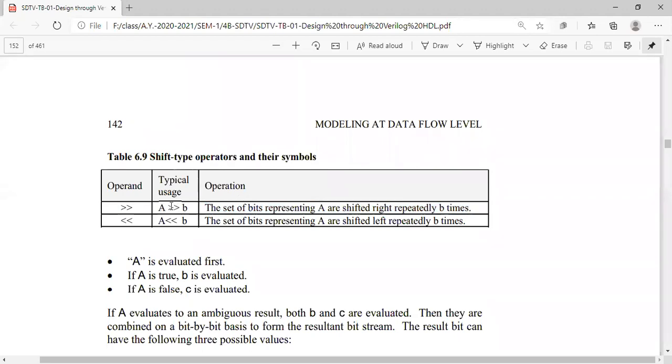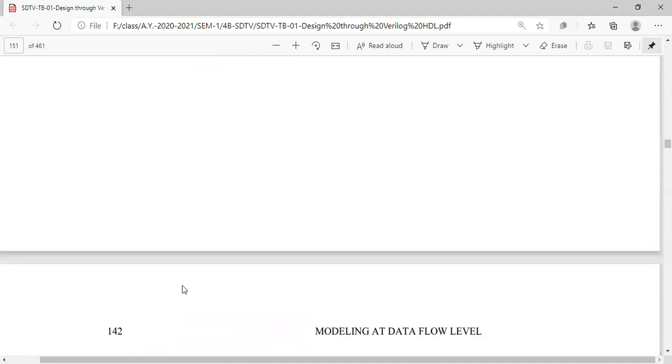So this indicates the right shift, right? How many times? B number of times. A followed by this B means a set of bits representing A are shifted left repeatedly by B number of times. So that is the shifting operation.